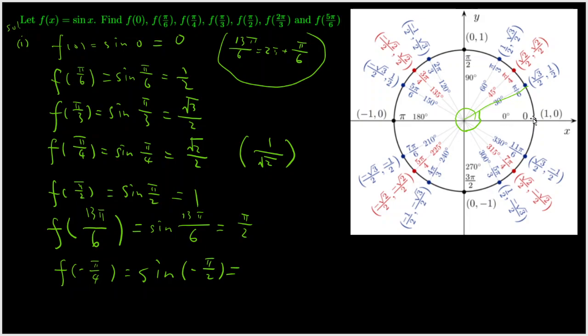Initial side is here. Pi over 4 is equivalent to 45 degrees. You rotate the initial side clockwise by 45 degrees. So do you see you have the terminal side in here? The terminal side is the same as the terminal side of 7 pi over 4.